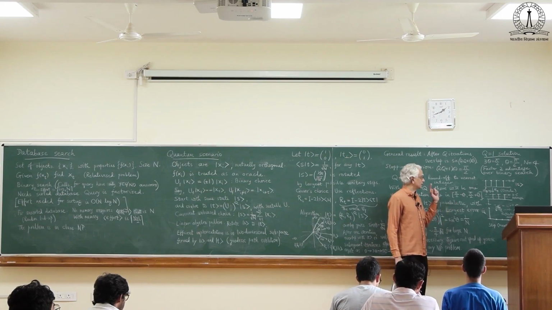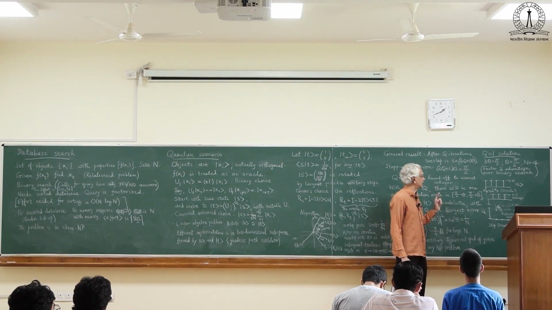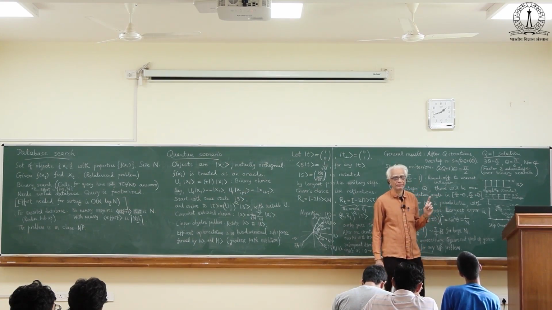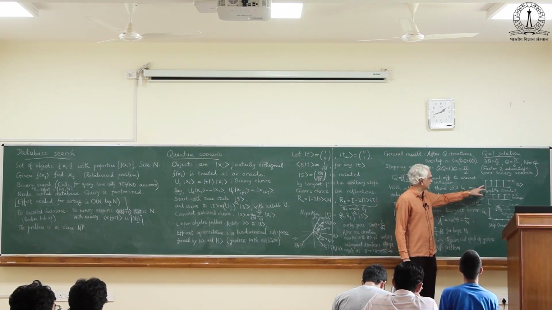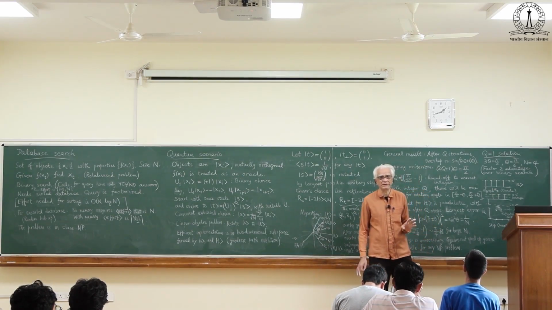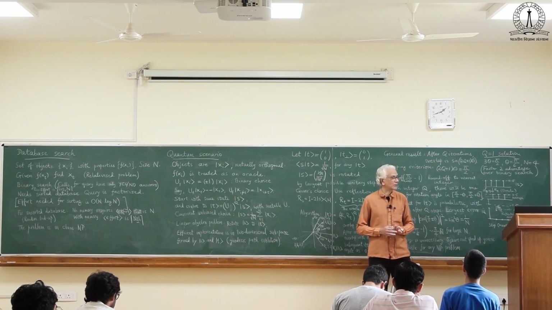The only thing which got used in a very clever manner is interference. That I could change the amplitudes in sign. If there were probabilities, I could not have changed them in sign, but the dynamics is at the level of amplitudes where I could change signs of some of them.